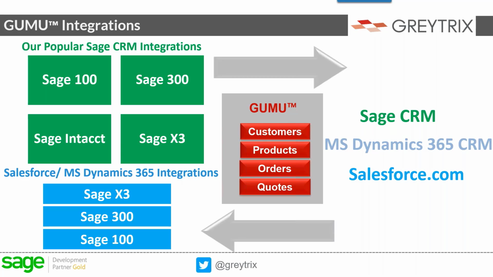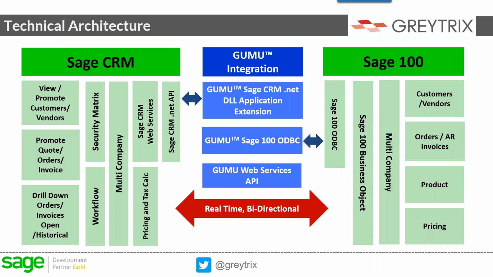I've got a couple kind of busy screens. As I mentioned, Gratrix have their GUMU, their Universal Migration Utility, and it works with a variety of different accounting systems and feeds into a couple different CRM systems. They are becoming a powerhouse in the world of Salesforce. Not the subject of today's demo, but just so you know.